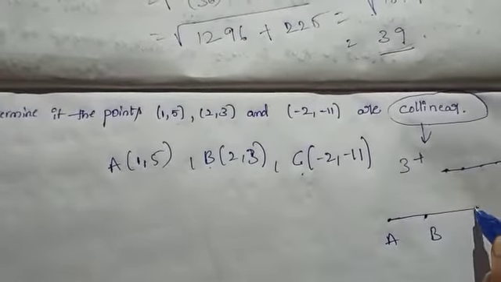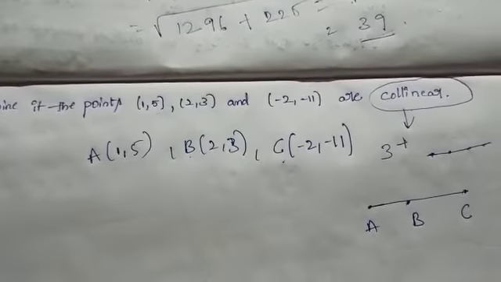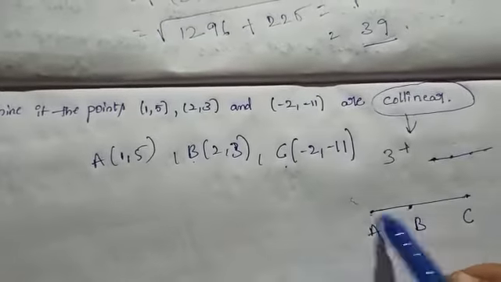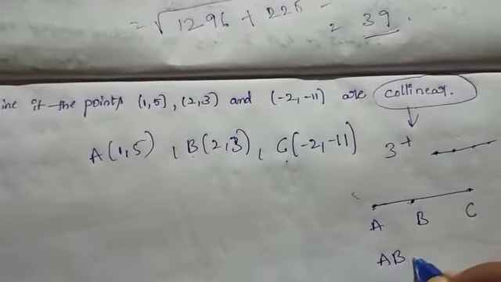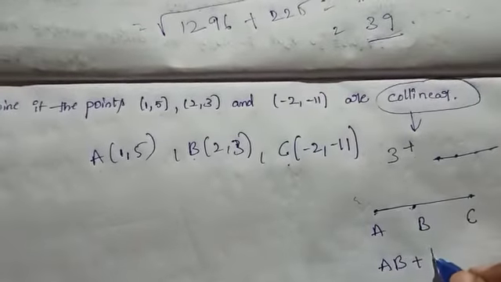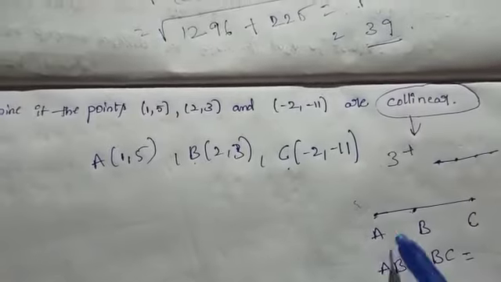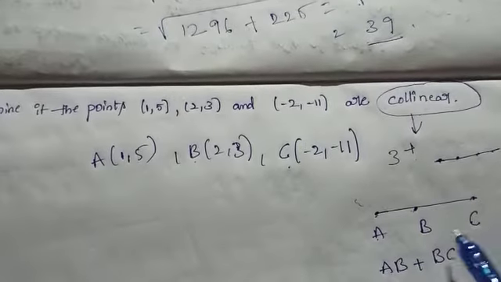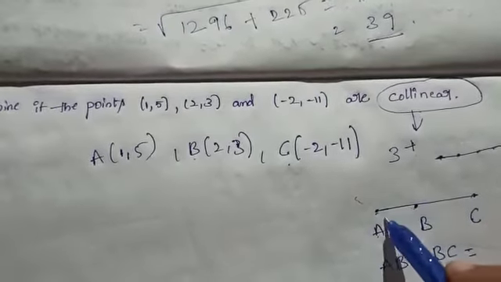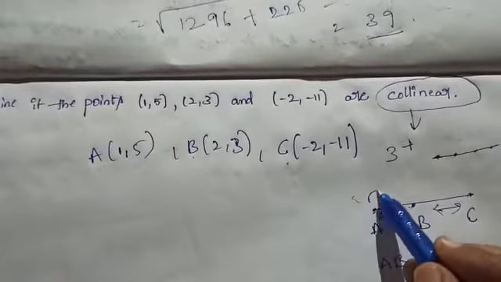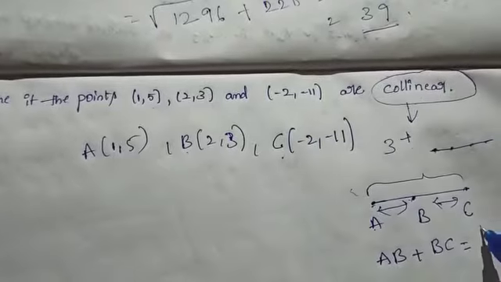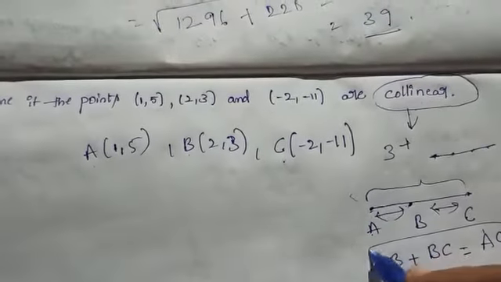A, B, C. Here the distance AB plus BC is equal to AC. This distance plus this distance equals this total distance AC.